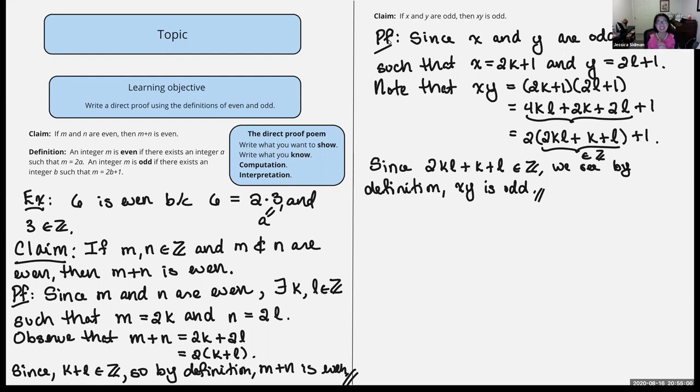All right, so that is just a couple examples of how to write a very simple direct proof. I'm going to keep these first direct proofs. We're just going to practice with the definition of even and odd in class on Monday, so that you can really focus on the logic, knowing that there are only two assumptions you can make, right?